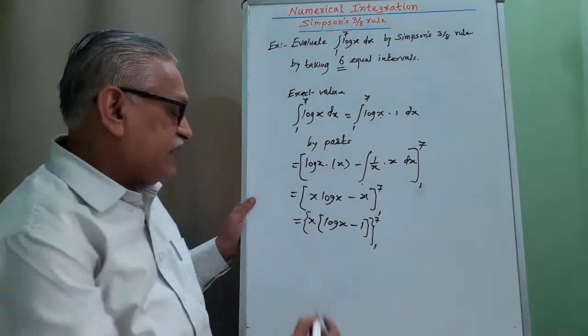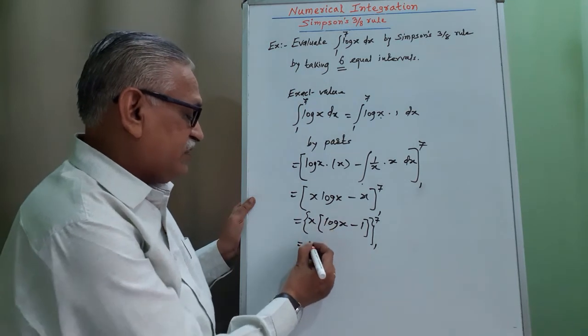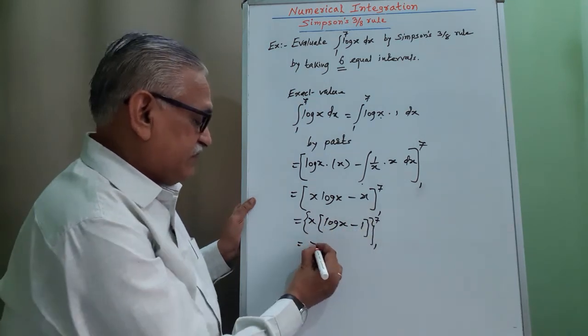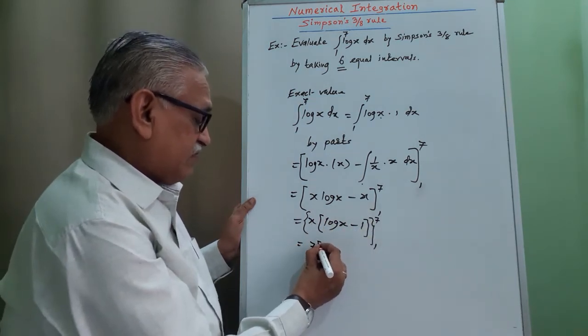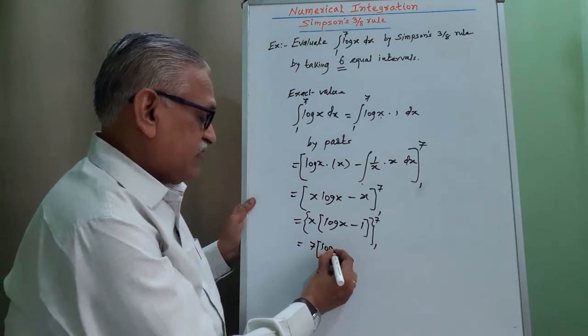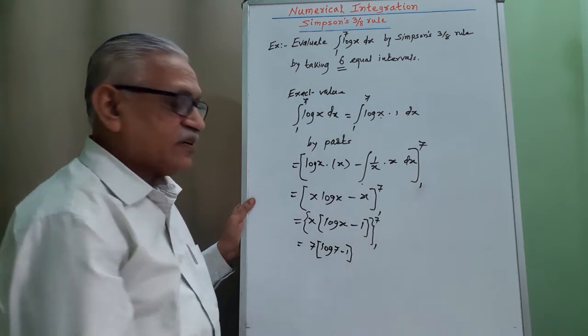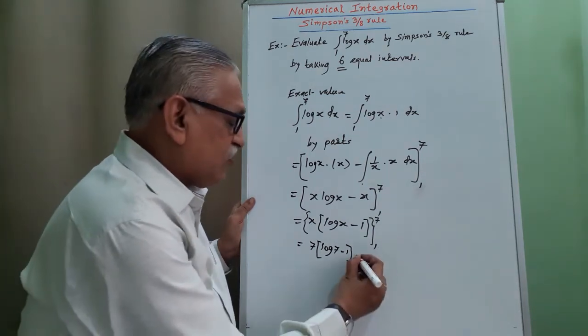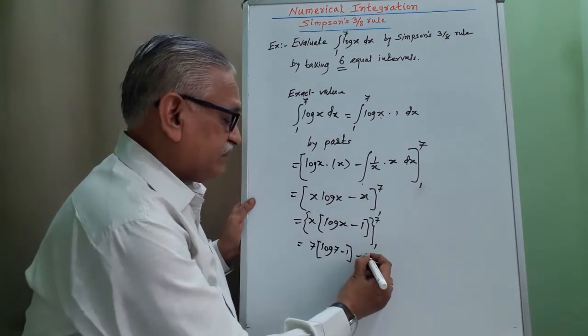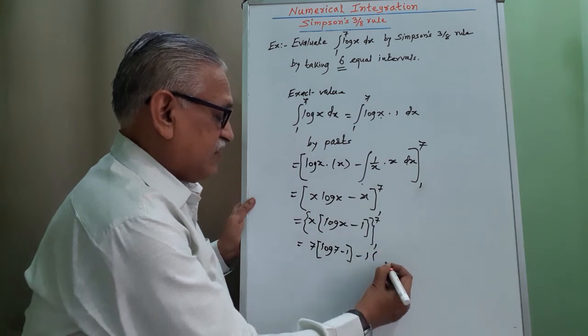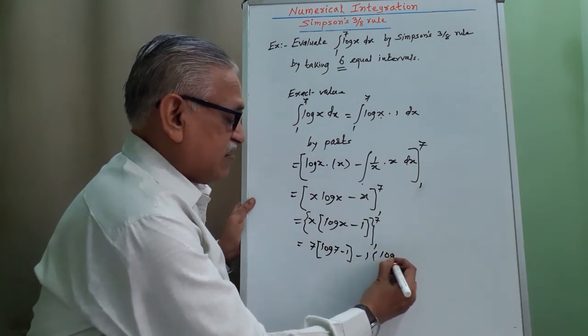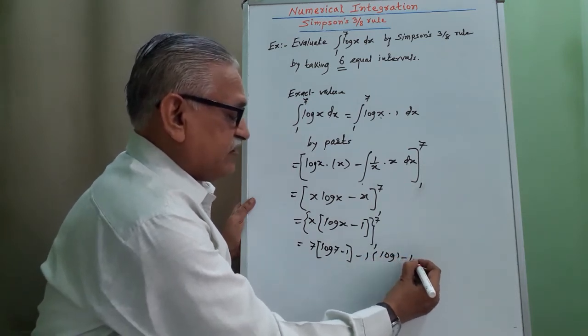Subtracting the lower limit from the upper limit, x is 7: 7 times log 7 minus 1, minus the lower limit, x is 1: log 1 minus 1.